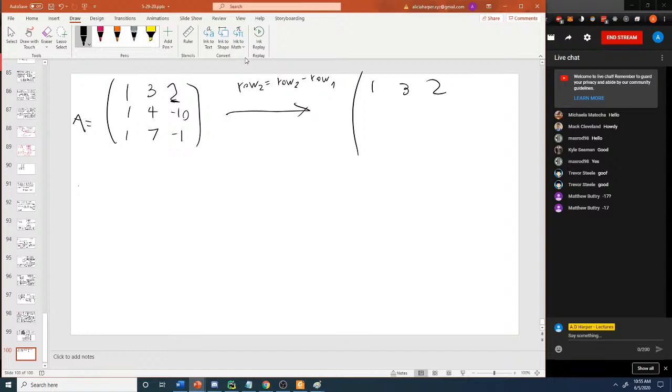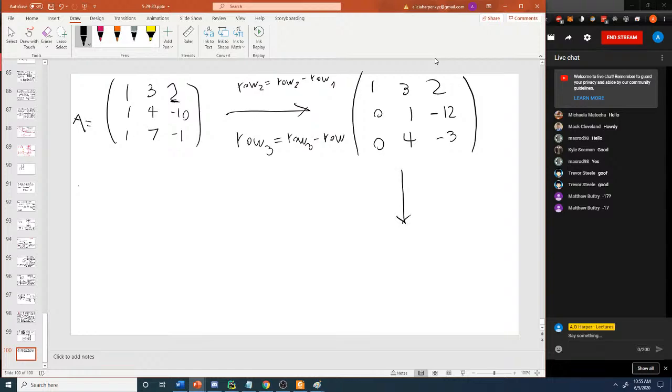And here I'll have 0, 1, -12. And I can also set row 3 equal to row 3 minus row 1. And so on the bottom, I'll get 0, 4, -3.